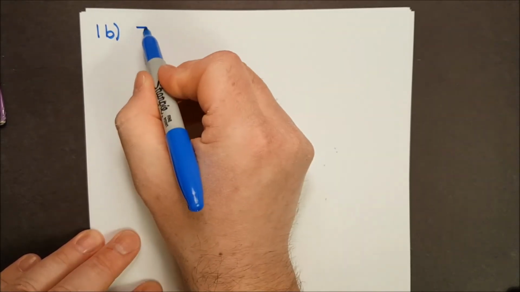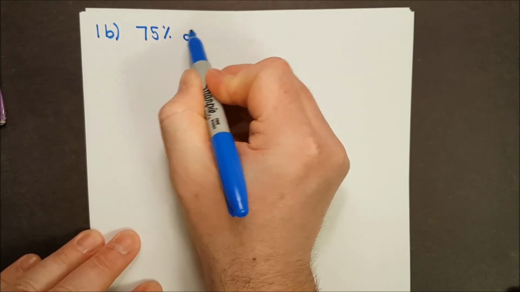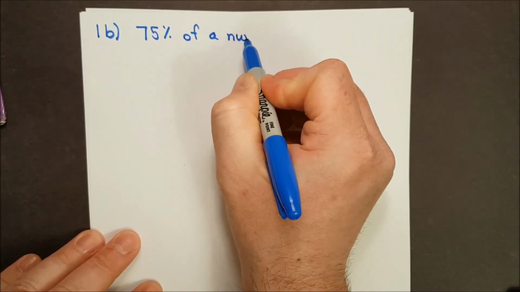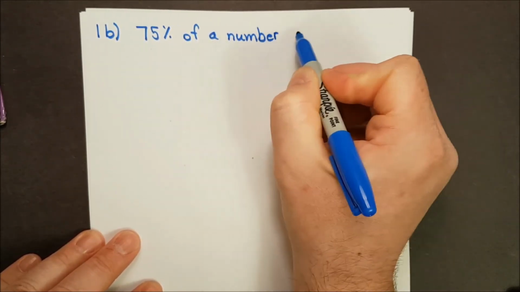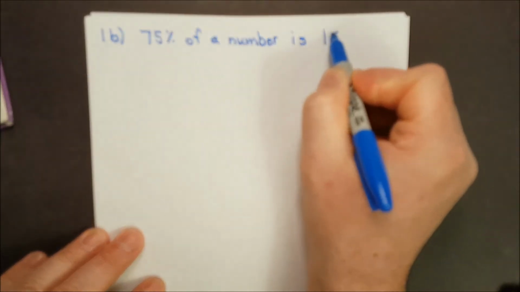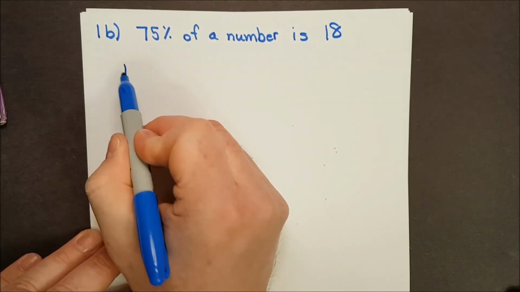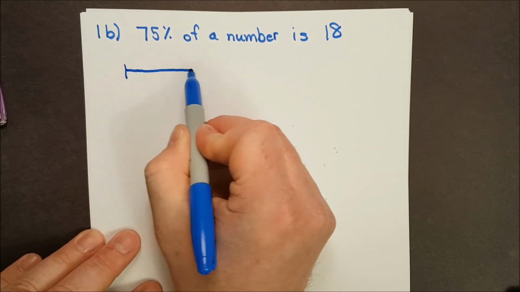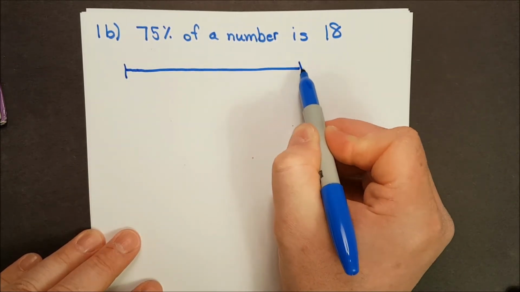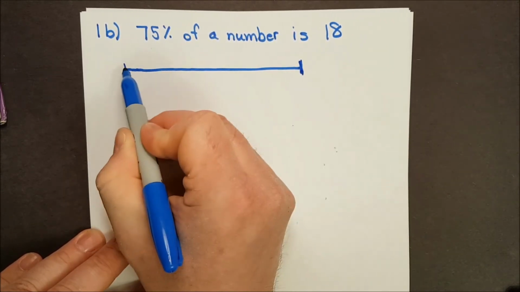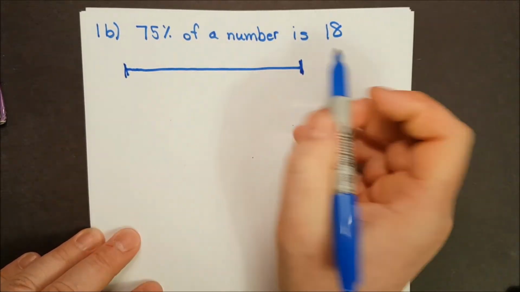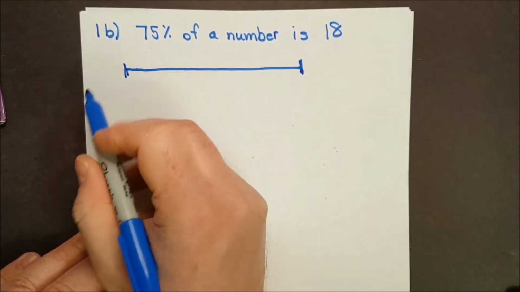Okay, now. Here we go, 1b. It says 75% of a number is 18. Okay. Love diagrams. They really bring the problem to the forefront. All right, 75% of a number is 18.